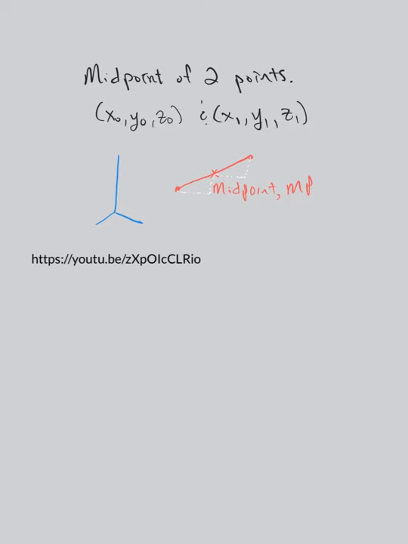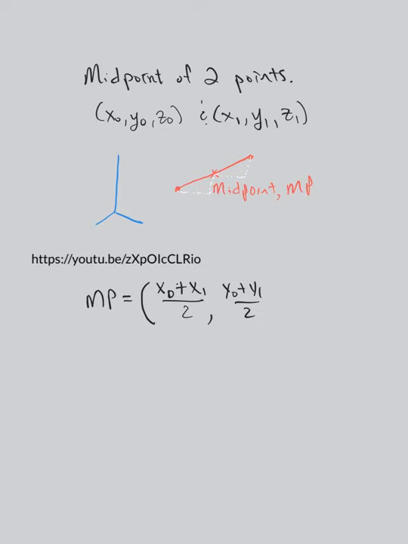Okay, but the idea here is that in 2 dimensions, if I didn't have those z coordinates, then there is a midpoint formula. I don't really like to think in terms of formula because there's a nice concept to notice from the formula. But in 2 dimensions, we get x naught plus x1 over 2, and then y naught plus y1 over 2. That's the formula in 2 dimensions.